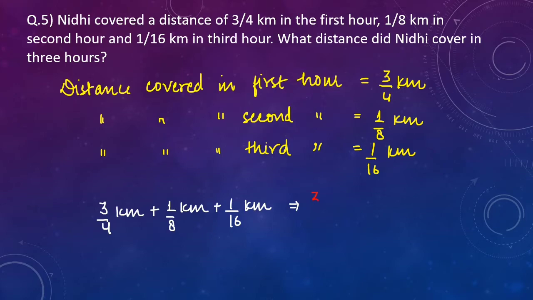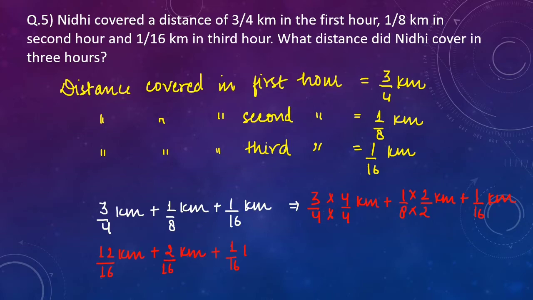So 3 upon 4 multiplied by 4 upon 4 kilometer plus 1 upon 8 multiplied by 2 upon 2 kilometer plus 1 upon 16 kilometer. 3 into 4 is 12 upon 4 into 4, 16 kilometer. 1 into 2, 2 upon 8 into 2, 16 kilometer plus 1 upon 16 kilometer.